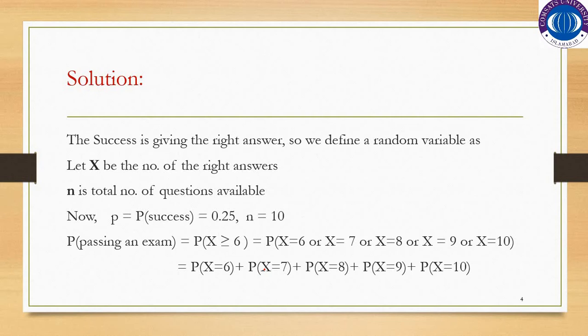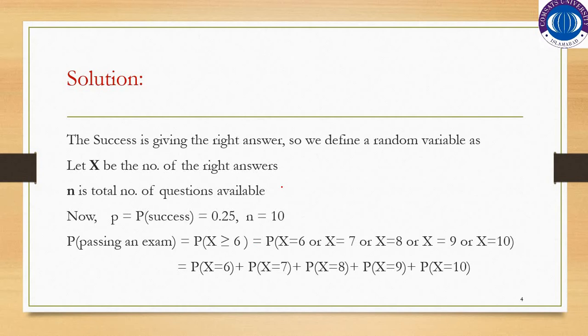So he will pass the exam if he marks 6 correct answers, or 7, or 8, or 9, or 10. We can go up to 10 because the total number of questions is 10. So this is the probability of passing an exam.